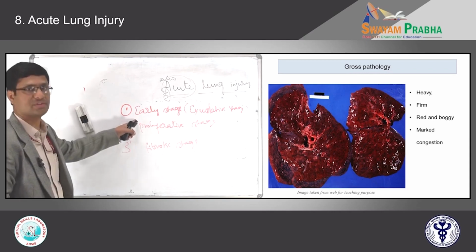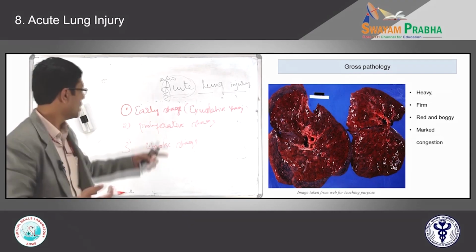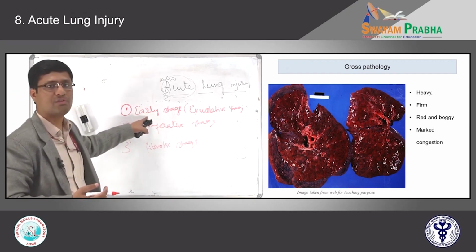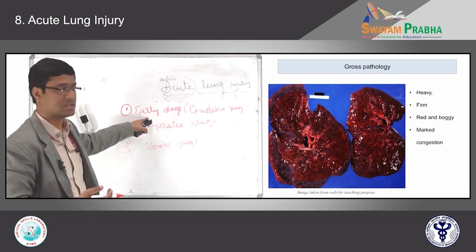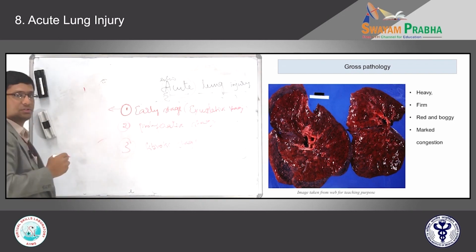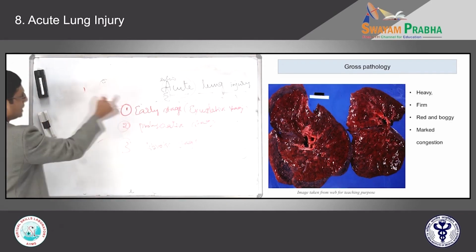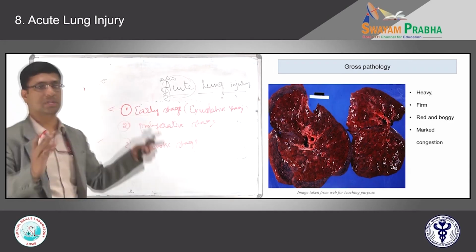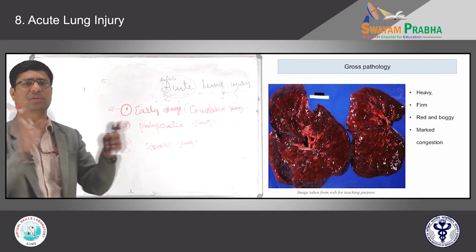Early stage, what happened? This is the initial stage, when the patient presents with immediate onset of respiratory symptoms. You see a lot of pulmonary edema, hemorrhage, congestion of the blood vessels. When you see the gross morphology in this stage, all of you can make out the bilateral lungs become dusky, red in color, boggy, enlarged, filled with blood.